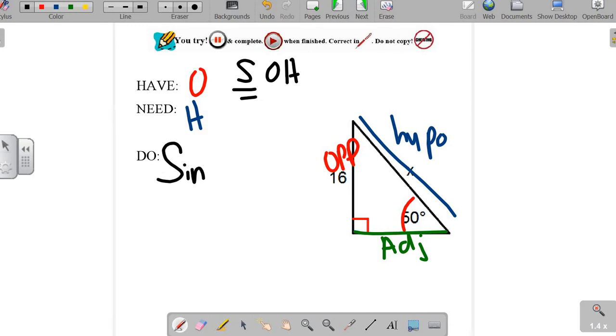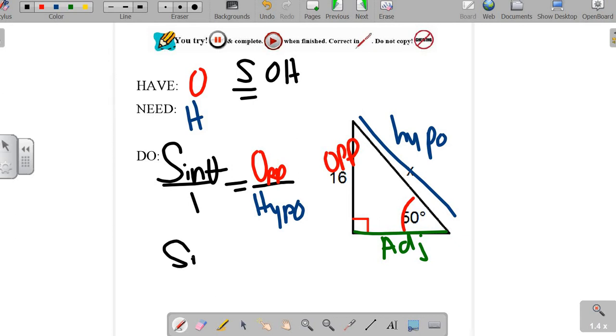So you write out sine of theta over 1 equals opposite over hypo. That's always the order. And sine of 50 degrees over 1 equals opposite, which is 16, over hypo, which is our x.